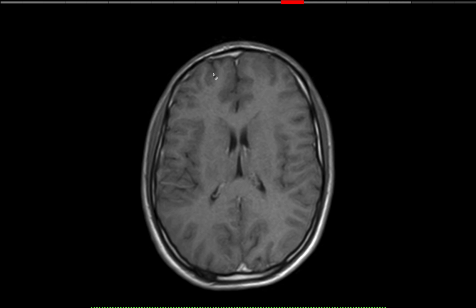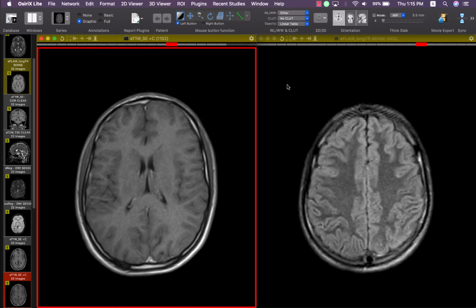In this normal area we can see that this is the gray matter and this is the white matter, and there is a sharp definition at the gray-white matter interface. In this region there is an ill definition of the gray-white matter interface. We can't determine where is the white matter and where is the gray matter. Again, this is one of the features that goes with focal cortical dysplasia rather than low-grade glioma.